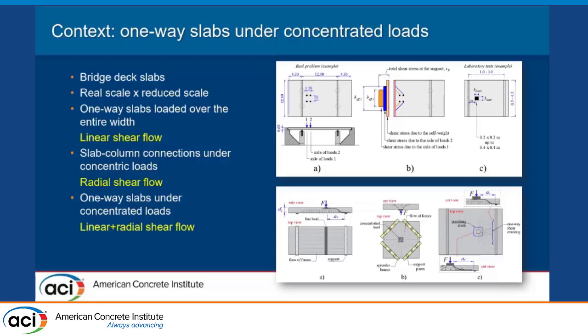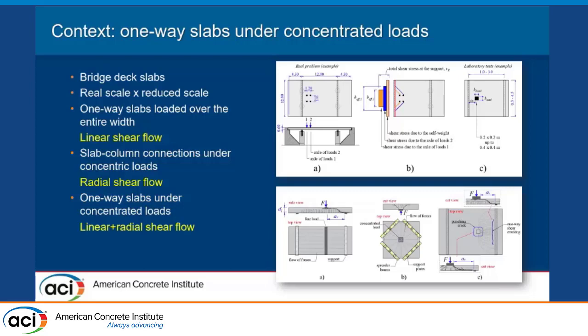But since it's not usual testing such slabs until failure in real scale, we frequently discuss the problem on reduced scale experiments on which we apply a single concentrated load close to the support of these slabs. So some discussions assume that this could simulate on a reduced scale the whole design truck applied on the bridge slabs, but it's more well accepted that this would simulate only one of the single concentrated loads from the design trucks in these slabs.